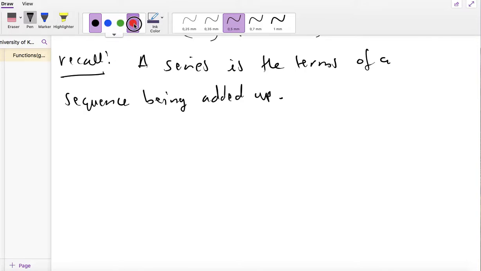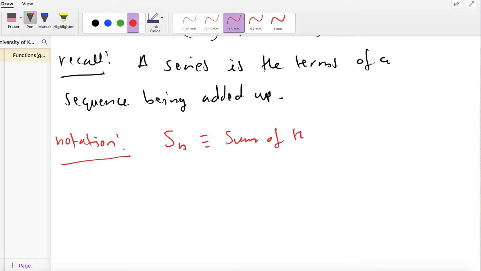And we should also recall some notation that we use before introducing sigma notation. The notation that you would have been introduced to rather would have been something called big Sn or sum to n, and this was just simply the sum of the first n terms of the series or sequence.